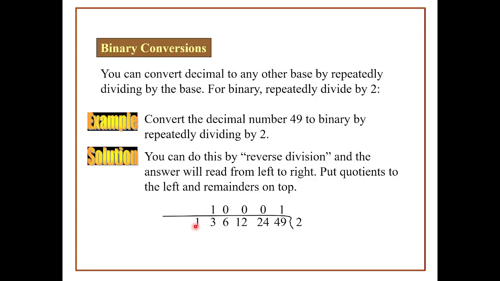And for this one, 1 divided by 2, you got 0, remainder 1, and continue until the last quotient is 0. Okay, so this is how you do the arrangement. So the answer is 110001. So you stop and you continue until the last quotient is equal to 0.